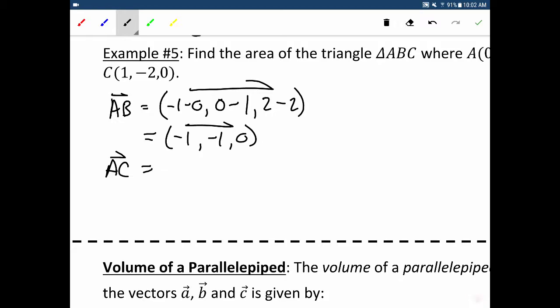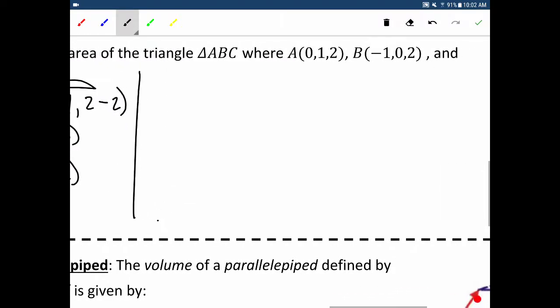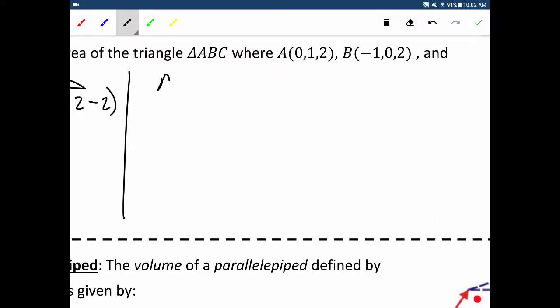We do the same thing for AC, which will leave us with 1, -3, -2. So you're just subtracting the coordinates there. From there, we're now going to find AB cross AC.